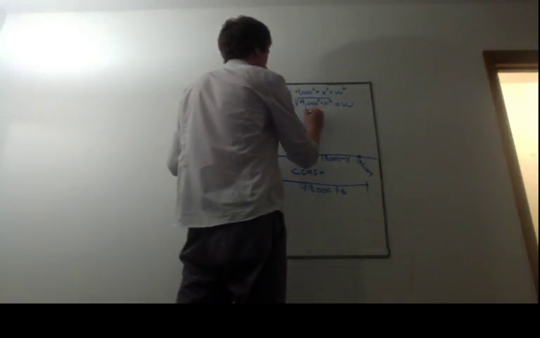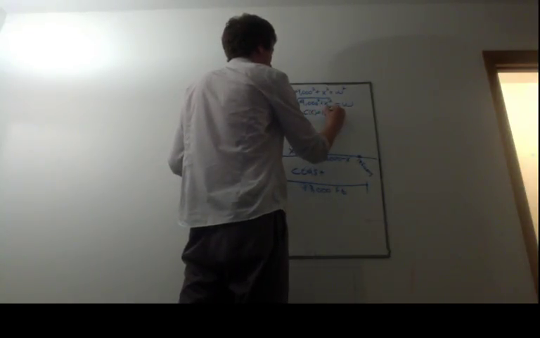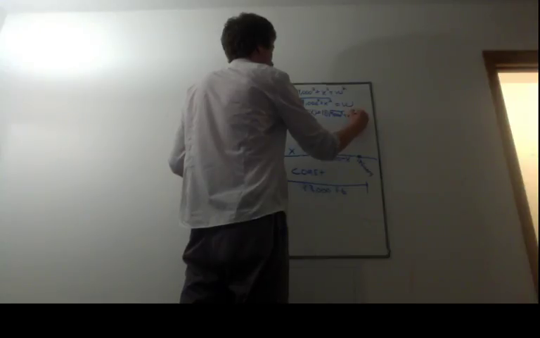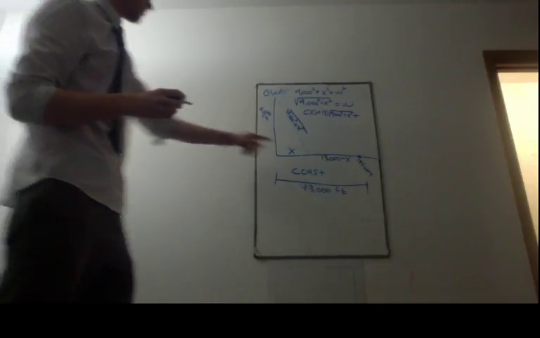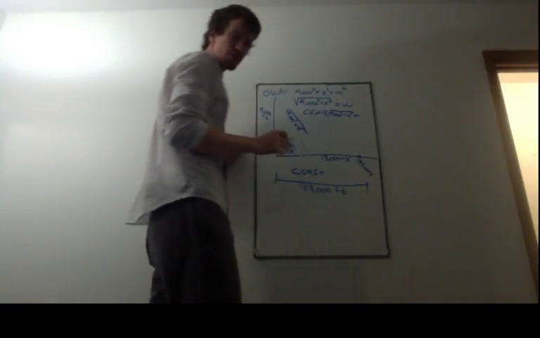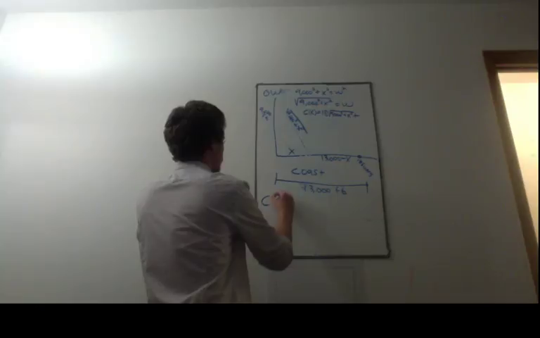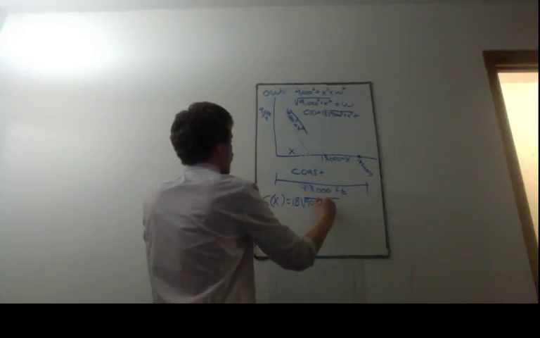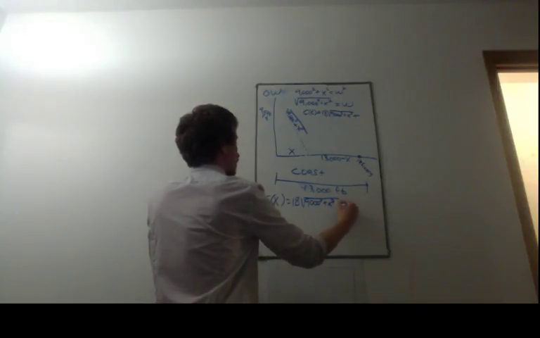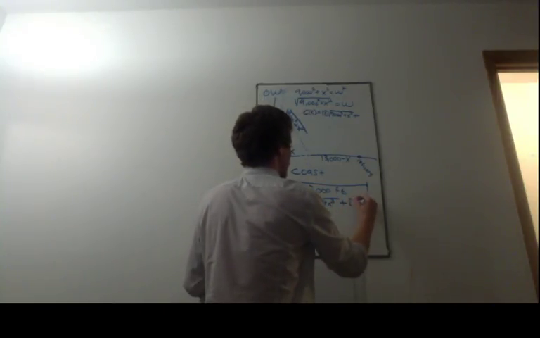So we have c of x equals 18 times the square root of 9,000 squared plus x squared, plus, then we know our distance on land is 13,000 minus x, and it costs $8 per foot.